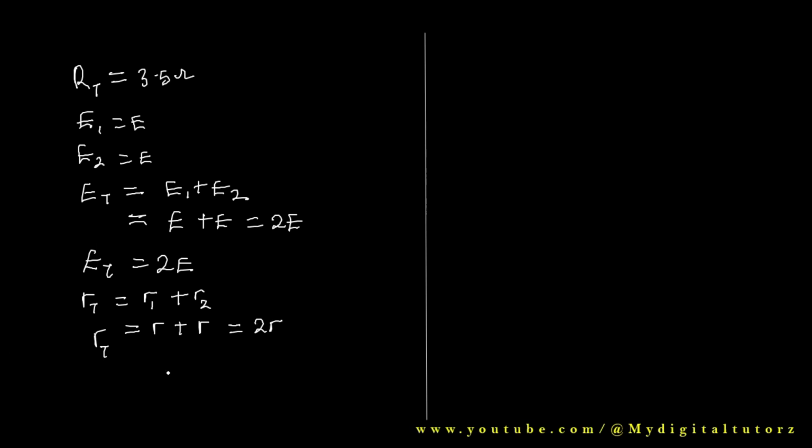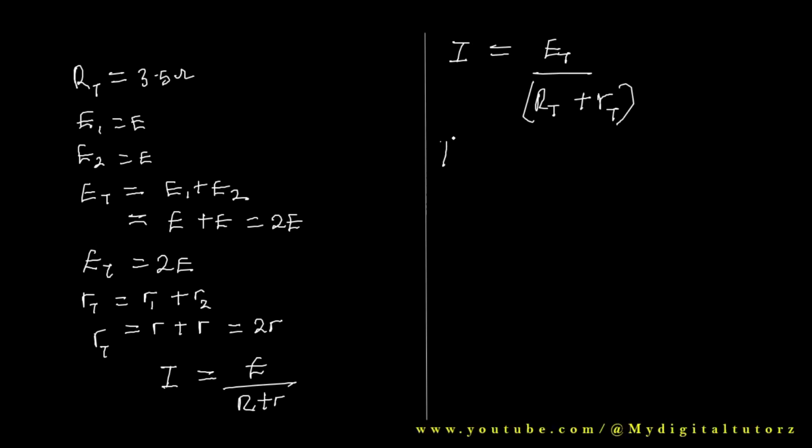Therefore, remember the formula that I is equal to E all over R plus r. Here I is the total current, E is the total EMF, all over the total external resistance plus the total internal resistance. So I will be equal to 2E all over 3.5 plus 2R.